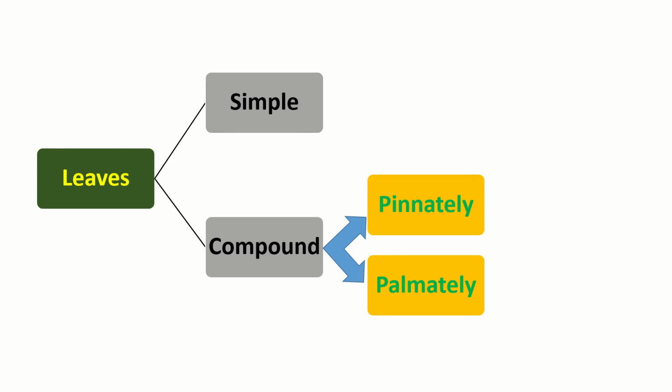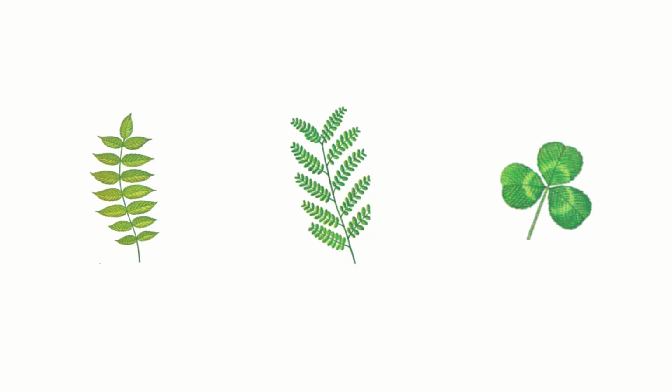Leaves are broadly classified into simple and compound types of leaves, and compound leaves are further classified into two types: pinnately compound leaves and palmately compound leaves. Right? See, these are the pictures of various types of leaves about which we will discuss now.